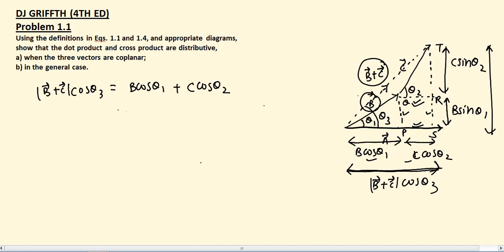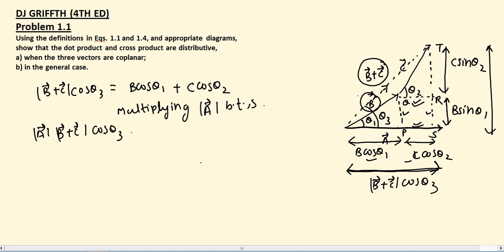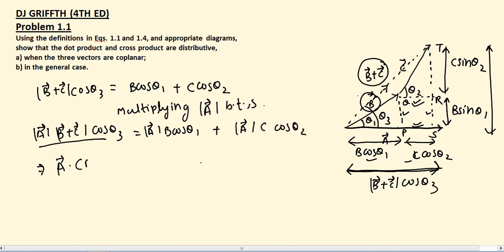Now multiplying A magnitude on both sides, here we will have... now see here, this expression represents the dot product of A vector and B plus C vector.